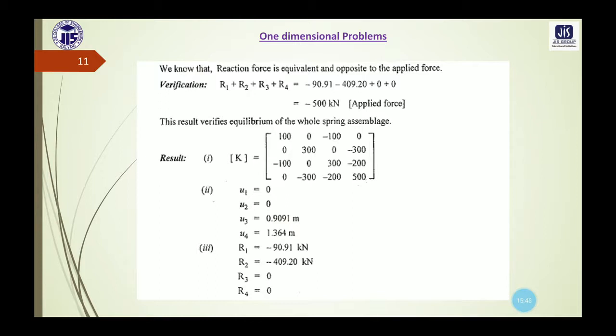Lastly we have computed the reaction forces corresponding to the 4 different nodes, and we have got R1 as minus 90.91 kilonewton, R2 as minus 409.20 kilonewton, R3 is 0 and R4 is also 0.